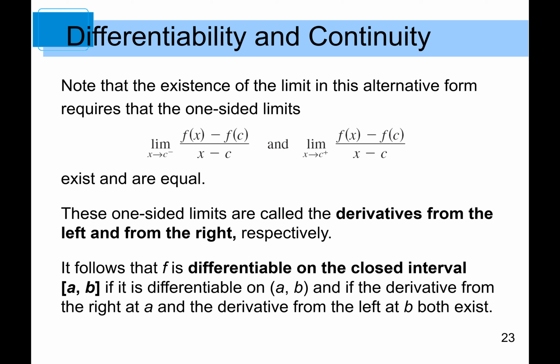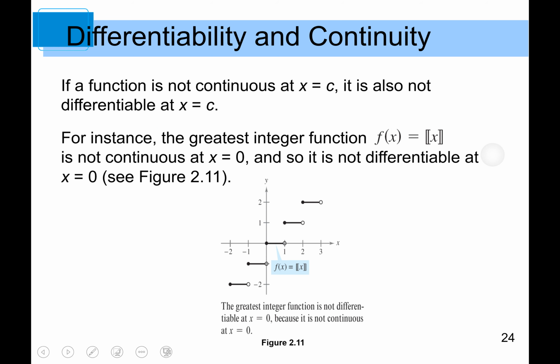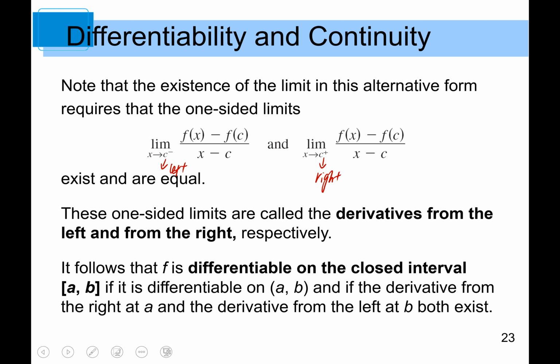Note that the existence of the limit in this alternative form requires that the one-sided limits when x approaches c from the left, c minus, and from the right exist and are equal.